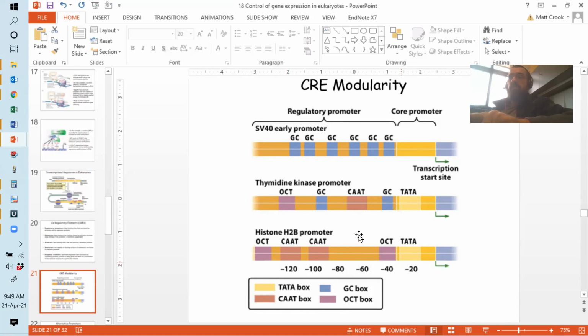This may be expressed in all cells at a fairly constant level going up during DNA replication in cell division. This gene may be more cell specific, right? So it's only going to be expressed where you have all 3 of these proteins that recognize these 3 different response elements, which may only occur in a particular subset of cells.